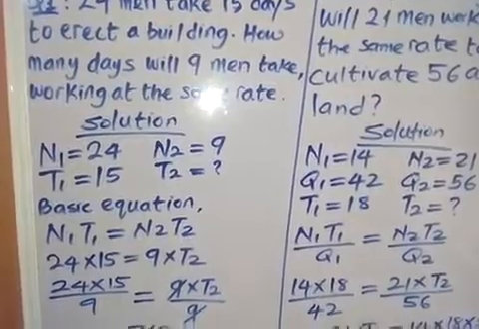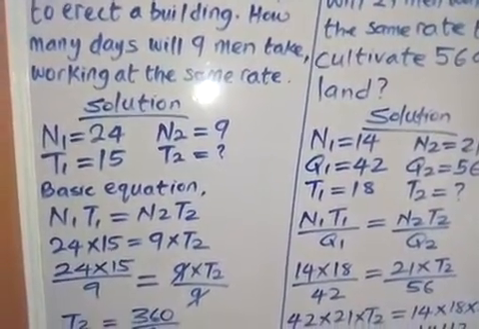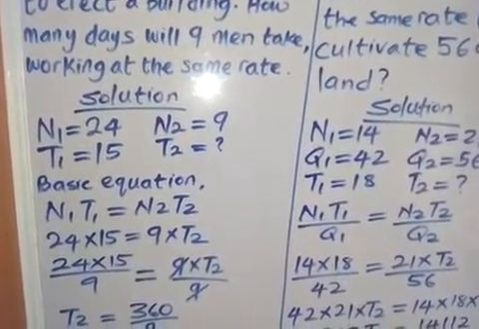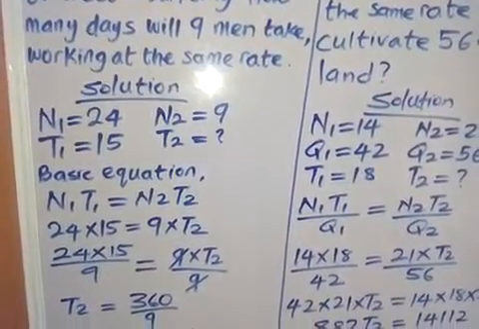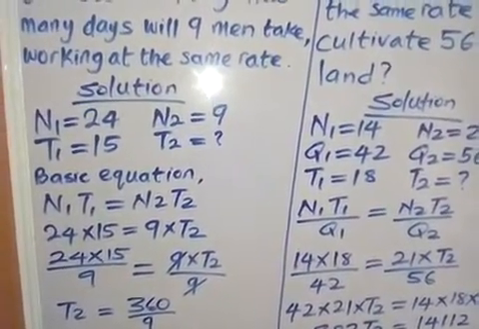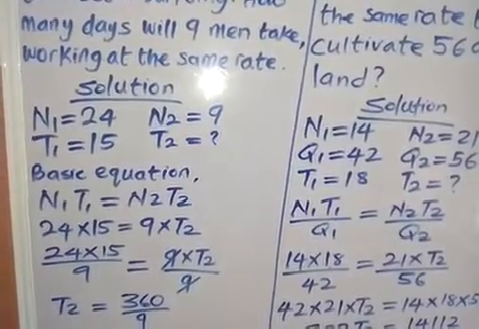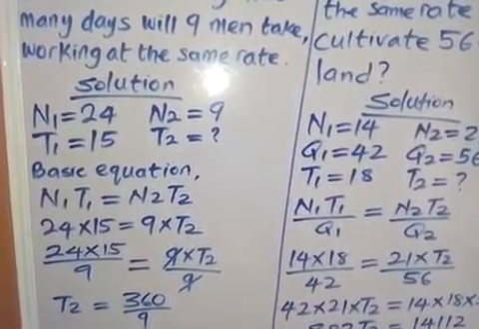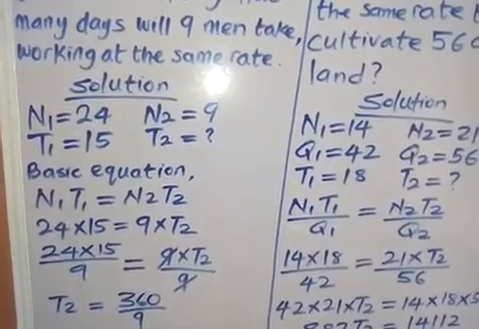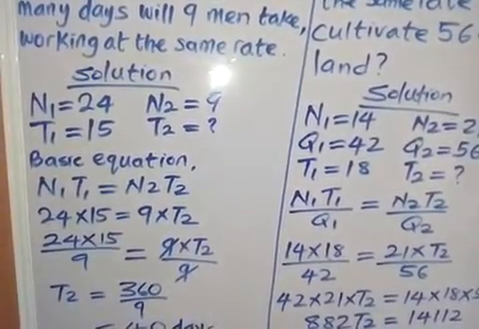What is our basic equation? We have an equation that connects number and time together, and that equation is N1T1 equals N2T2. When we input the data supplied, our N1 is 24 multiplied by 15, which is T1, equal to N2, 9, multiplied by T2.